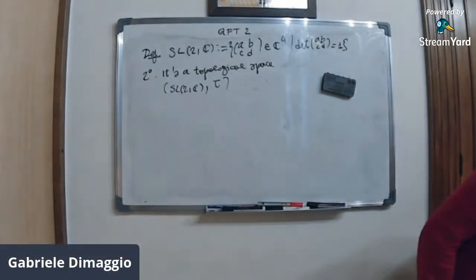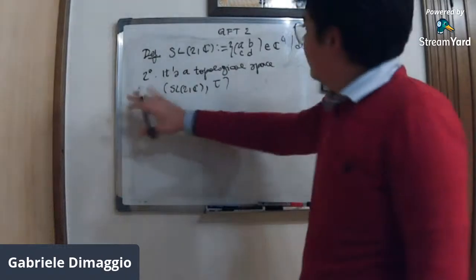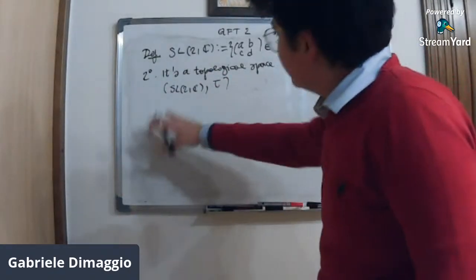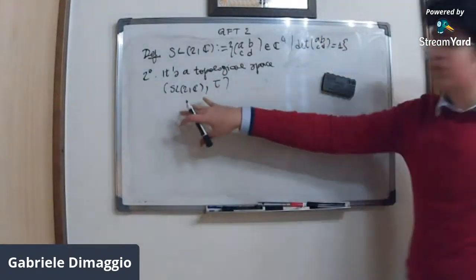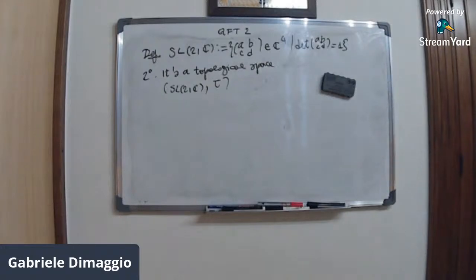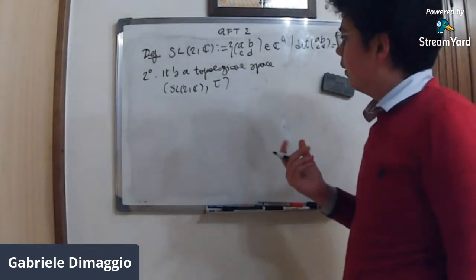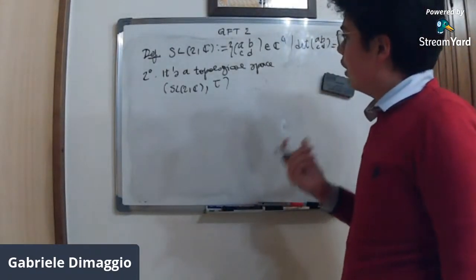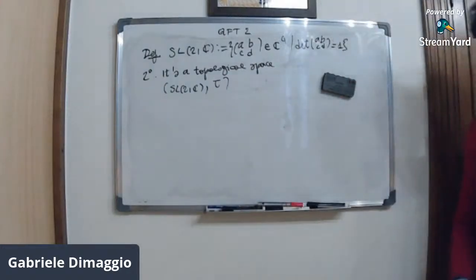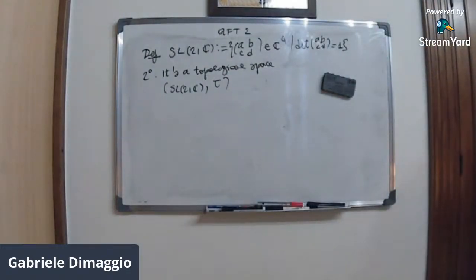So it's a topological space SL(2,C) with a topology tau, and now we need to construct the topology over this set. How do I do it?